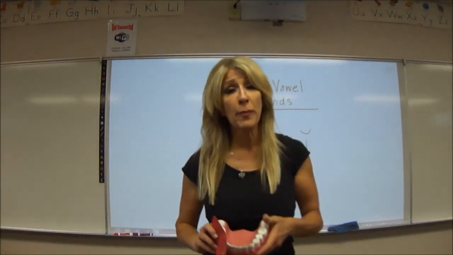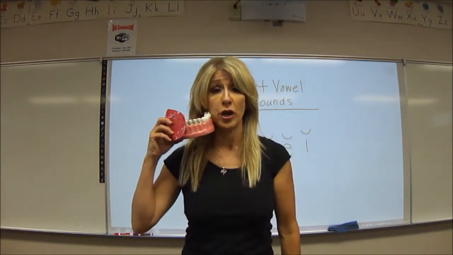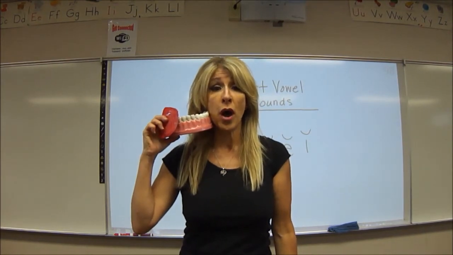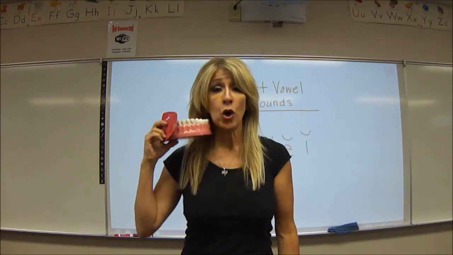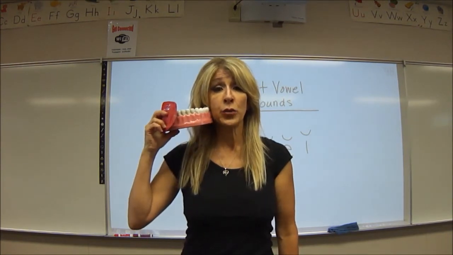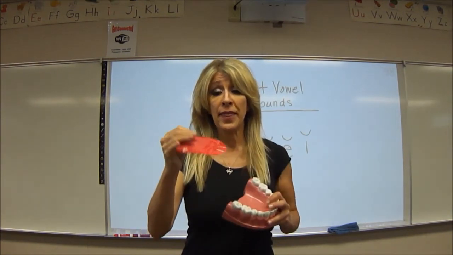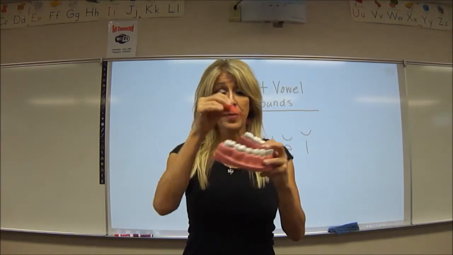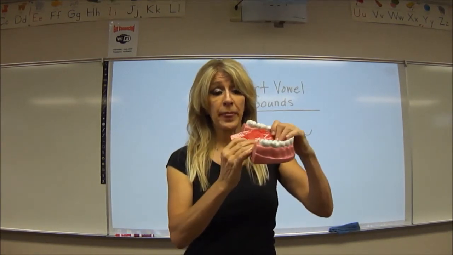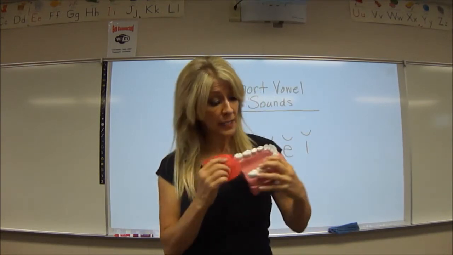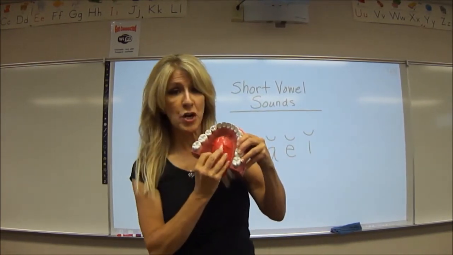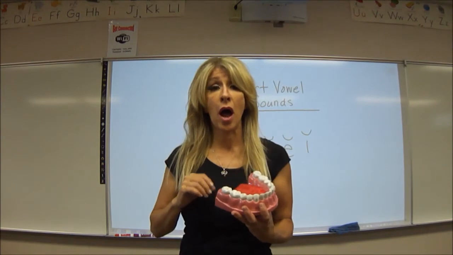So just to remind you, here's the lower jaw. Short O is the only sound where we drop or lower our jaw. So we lower the jaw, and the back of the tongue goes down here, and the tip of the tongue is home, right here at home.